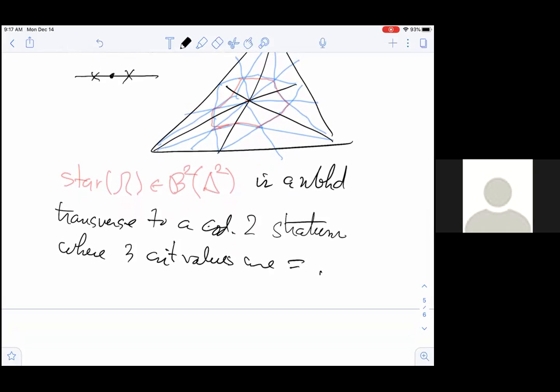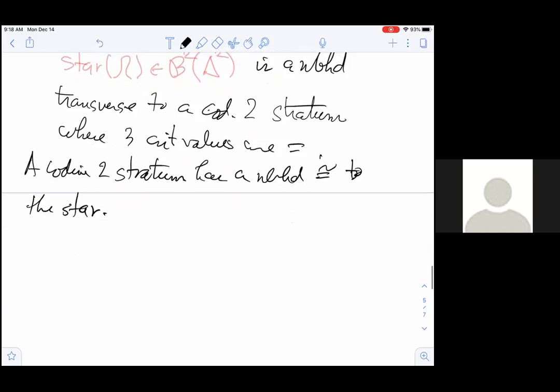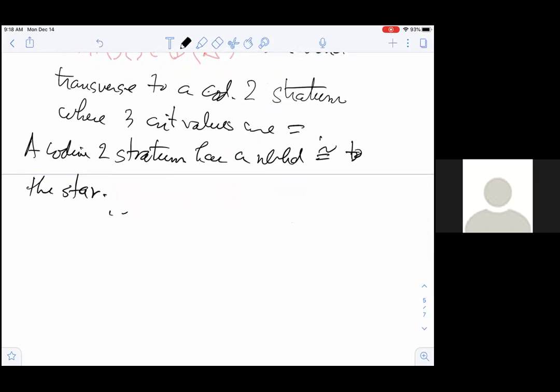Okay, so this codimension 2 stratum has a neighborhood isomorphic to this star. And the codimension 2 stratum corresponding to 2 pairs of critical points colliding would be this one.